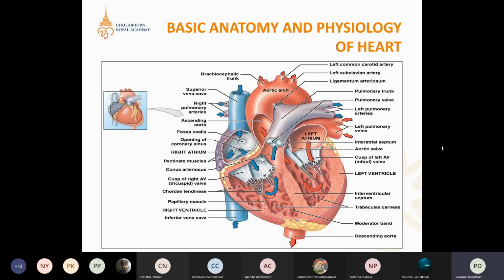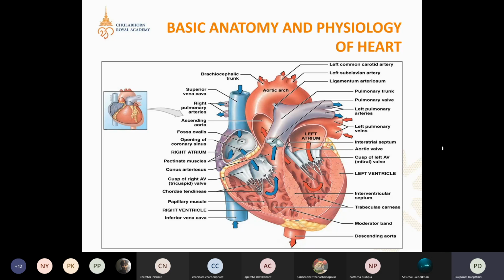After that, the blood will come out of the lungs as oxygenated blood. After that, the blood will go back to the heart again into the left atrium through 4 pulmonary veins, right?